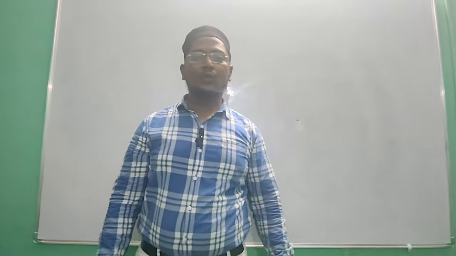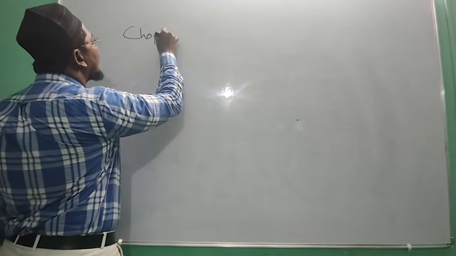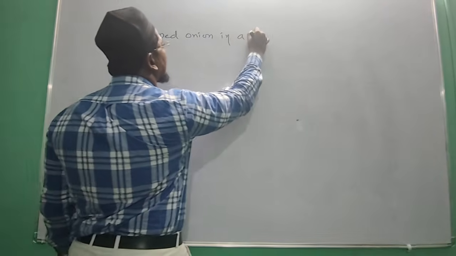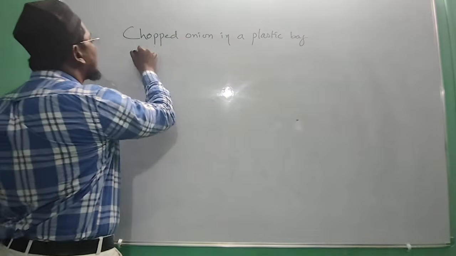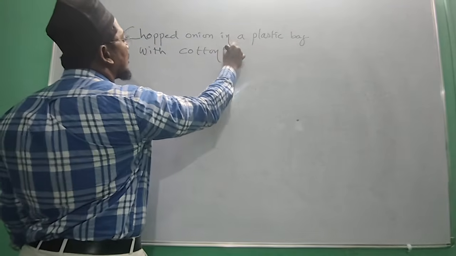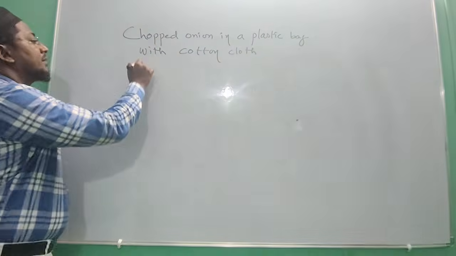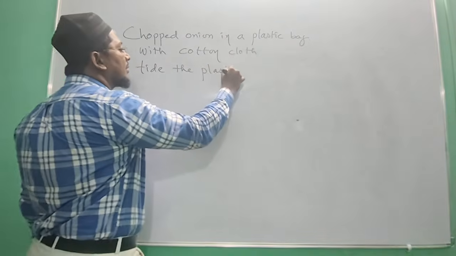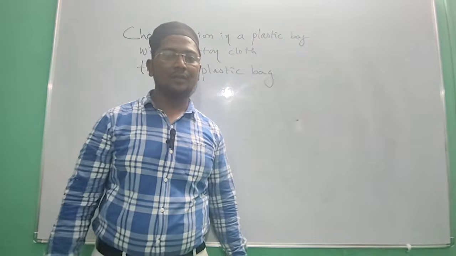We have to take chopped onion in a plastic bag with cotton cloth, then tie the plastic bag and keep it in a fridge overnight.